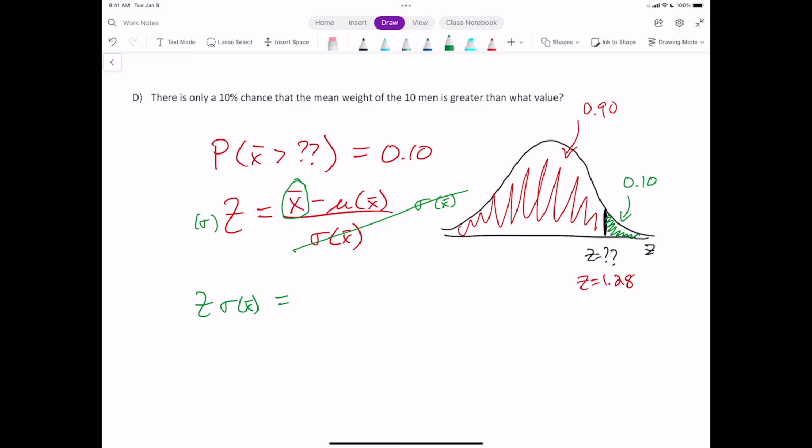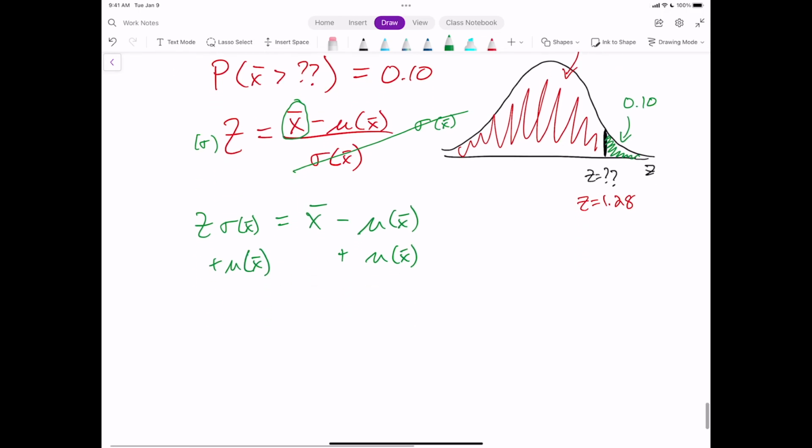Right side cancels, I'm left with x bar minus the mean. And then I'm going to add the mean to both sides. That gives me my formula for finding my sample mean value. So it turns out that the mean plus the z-score times the standard deviation will give us our unknown sample mean.